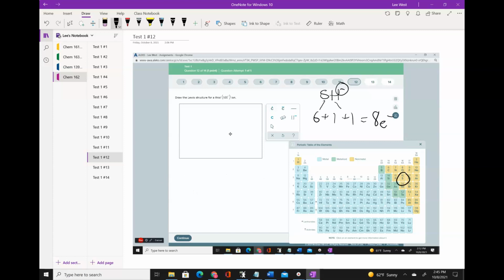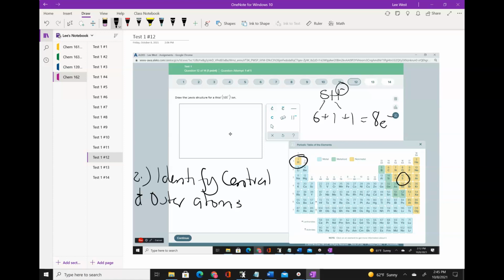The second step in the process is to identify the central and outer atoms. And what we know is that hydrogen is always an outer atom because hydrogen can only form 1 bond. So sulfur is going to be considered the central atom, and then hydrogen is the outer atom.